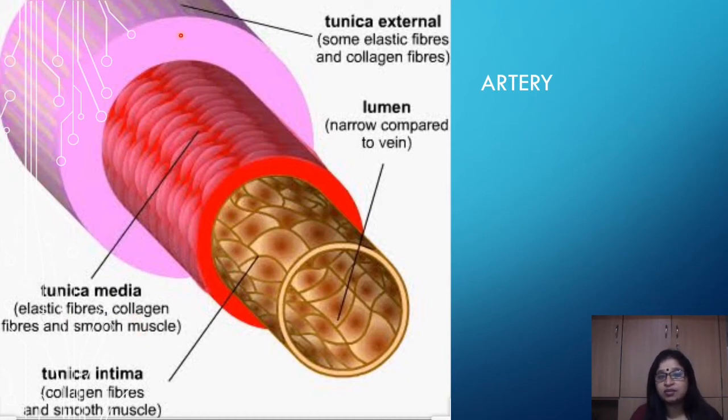Now, if you really look at these two, they are quite thick layers, the tunica externa and even the tunica media. The inner lining is called the tunica intima, that is the innermost covering. It is made up of collagen fibers and smooth muscles, and the lumen, the aperture through which the blood is flowing in the artery, is quite narrow.